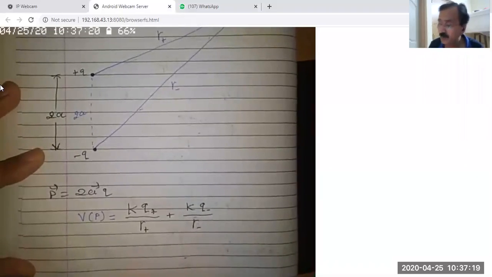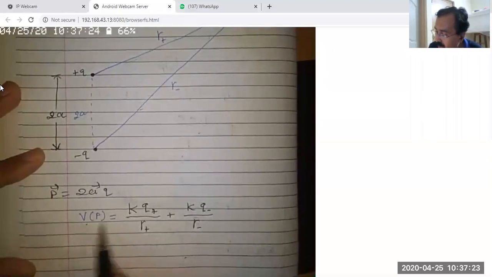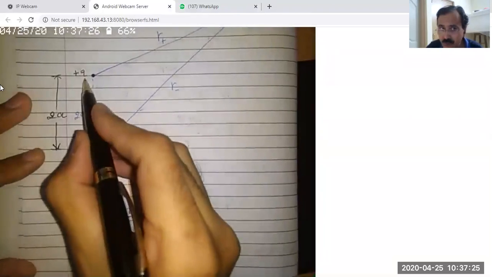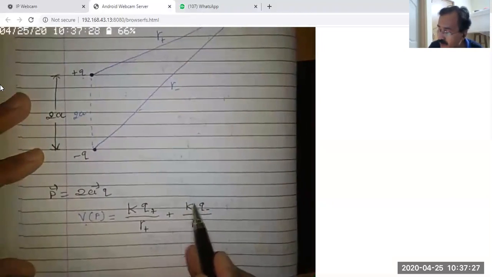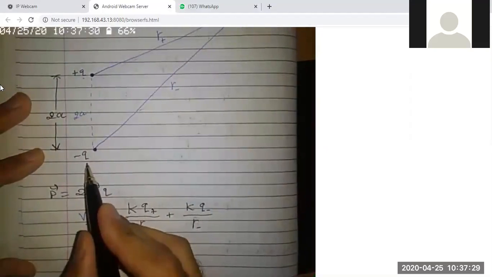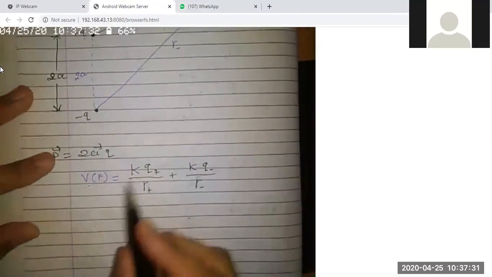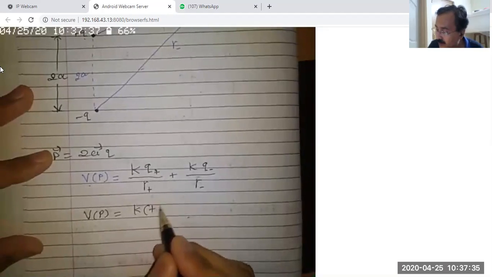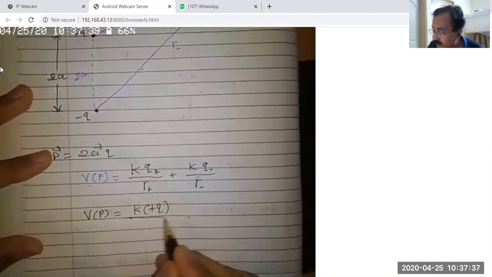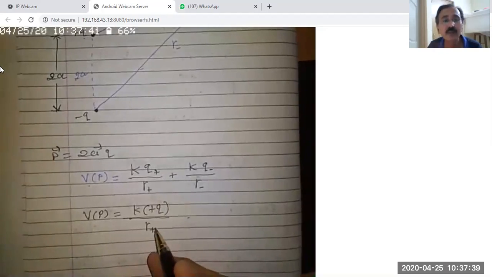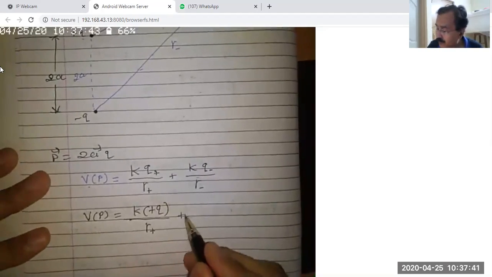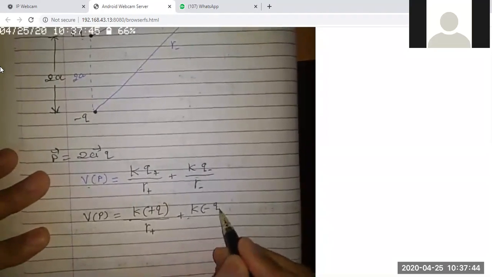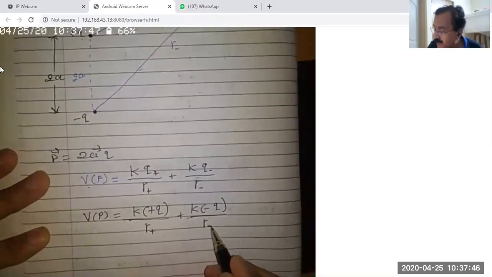See, potential has one advantage: it is a scalar. So you can write the potential due to the positive charge, and this is the potential due to the negative charge. So this is K plus Q upon R plus, plus K times minus Q upon R minus.